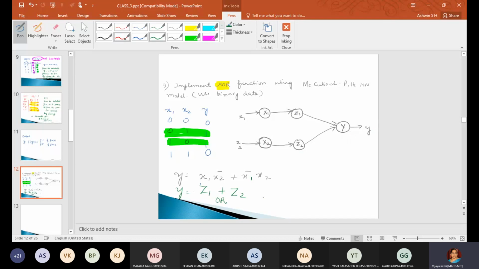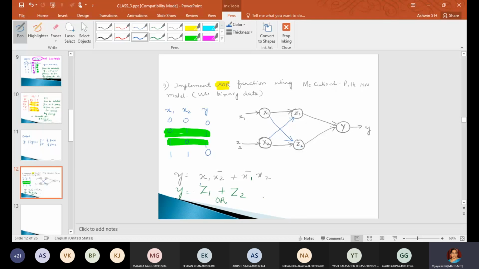We know z1 is x1 x2 bar, so this is also required. Z2 is x1 bar x2, this is also required. So the model will be x1, x2, z, like this.